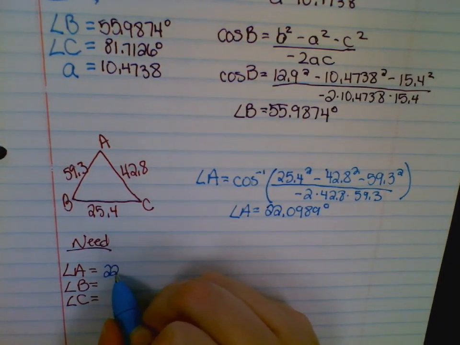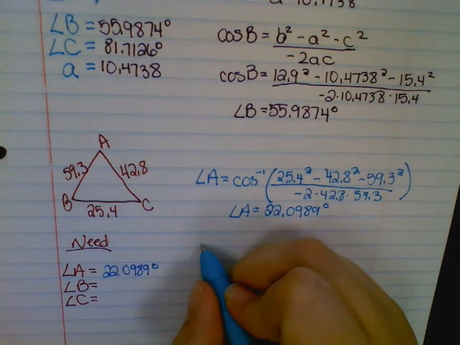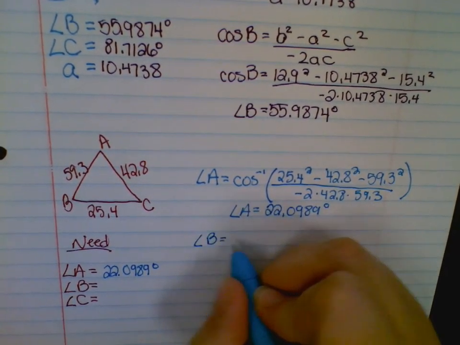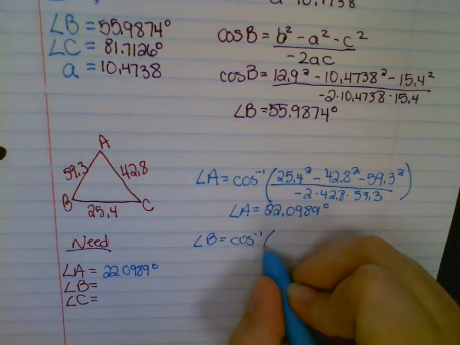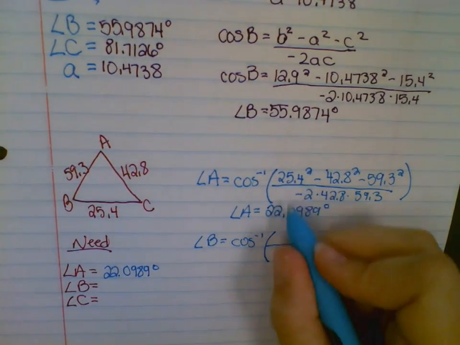Now we'll set up another one to find angle B. Angle B equals the cosine inverse. Now that we're finding angle B, put B first.